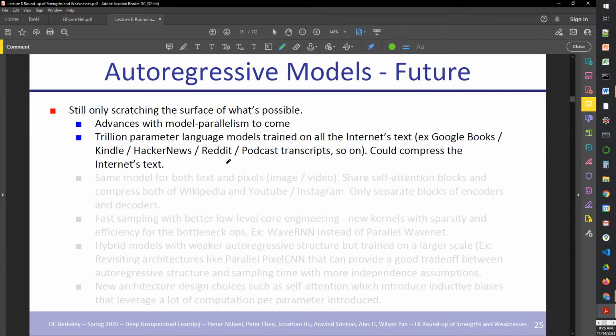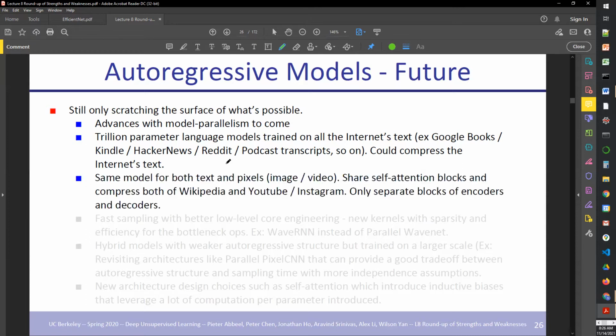And what also is a potential possibility in the future is having the same model for multiple modalities. So not just for text, but combining text and pixels, image and video, sharing the self-attention blocks, and doing the compression of Wikipedia for text and YouTube, Instagram for images.